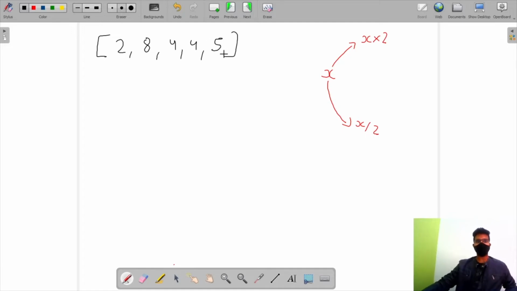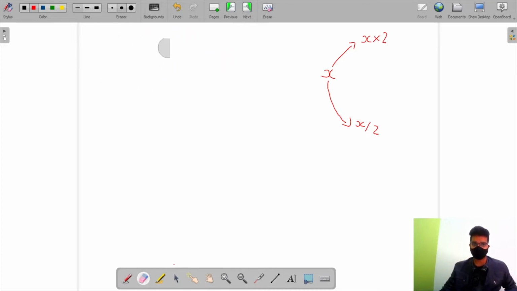Right. So here what will happen? 2 can pair up with 4, and 8 and 4 can also pair up, as 8 is the double of 4. Perfect. Now for 5 we got no space, right? For 5 we don't have a pair because all the elements have already been fulfilled. So that's why in the odd case we will never get our answer.